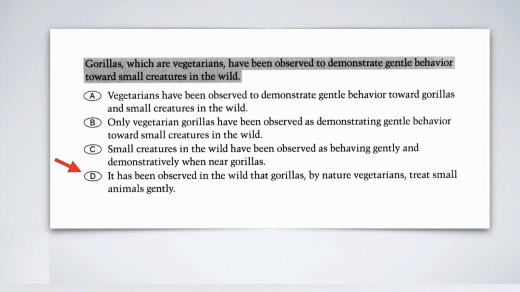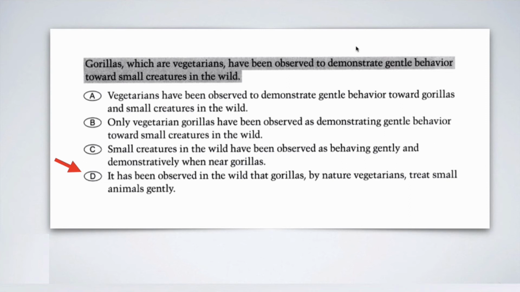It has been observed in the wild that gorillas, by nature vegetarians, and by nature vegetarians is the same as which are vegetarians, treat small animals, and small animals is the same as small creatures, gently, right? Gentle behavior is the same as gently, okay? So this is a perfect paraphrase of this sentence. It paraphrased it very well, and it also didn't make any mistakes.